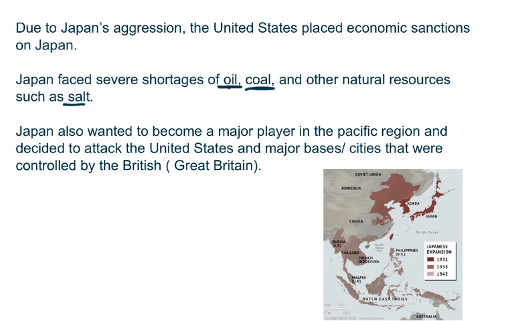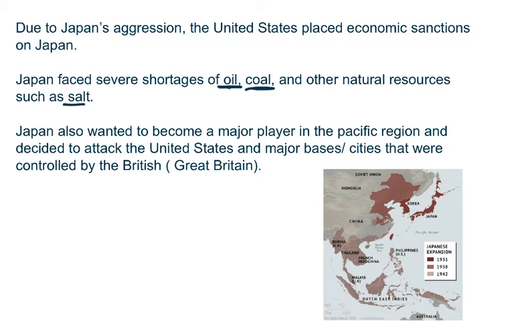Another major reason why Japan was being aggressive in the Pacific was because Japan wanted to become a major player in the Pacific region. Prior to World War II, the United States was starting to have a much larger presence in the Philippines, in southern China, and a lot of other European countries controlled places like Indochina, Malaya, and the Dutch East Indies.